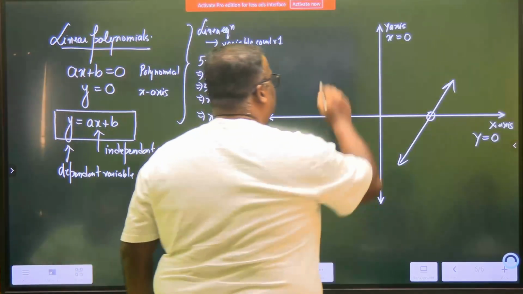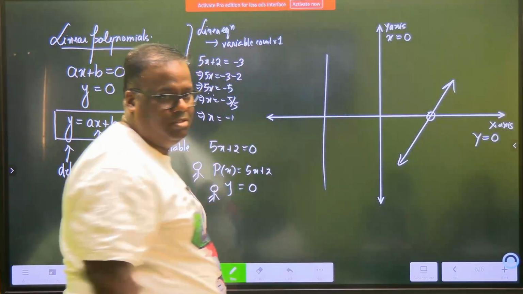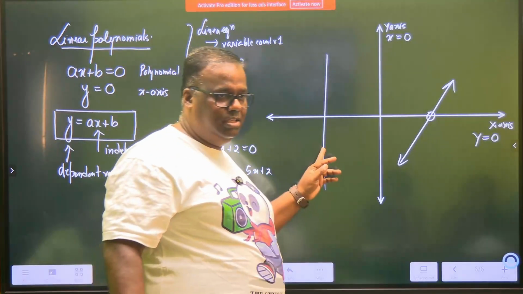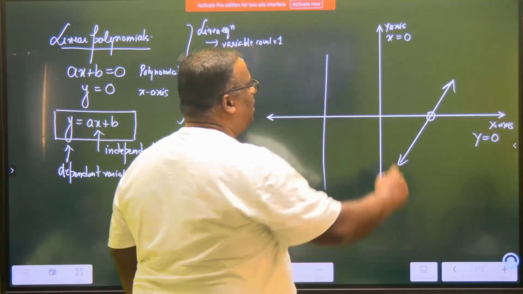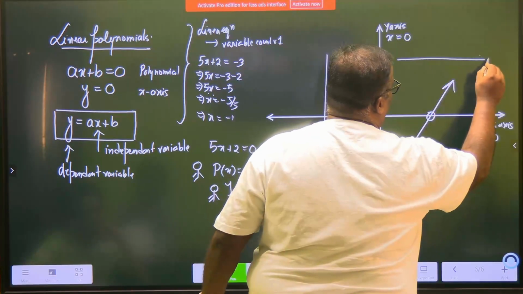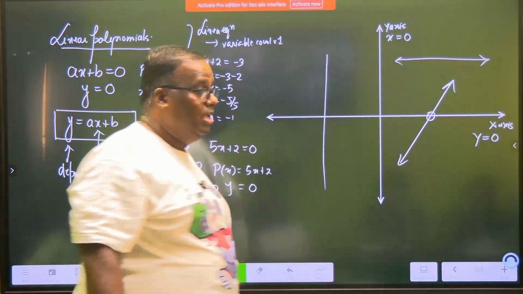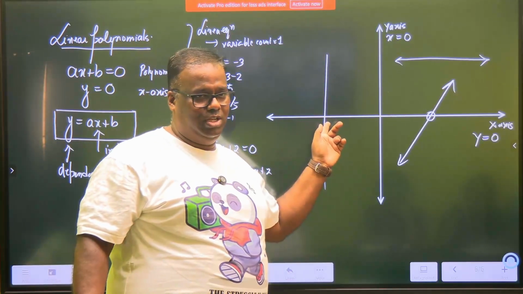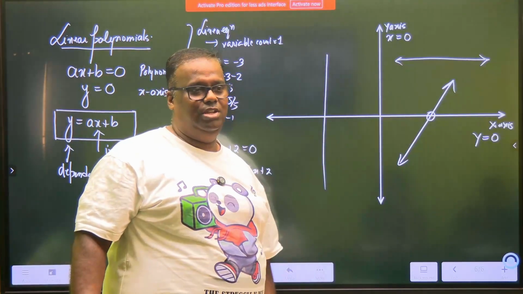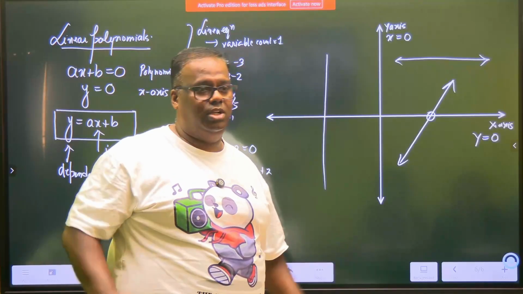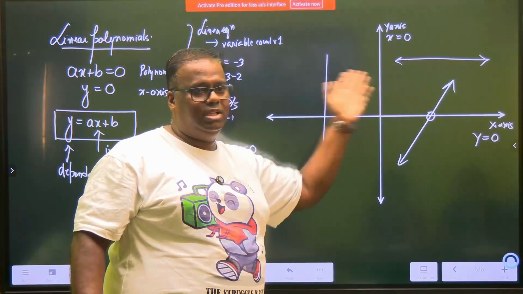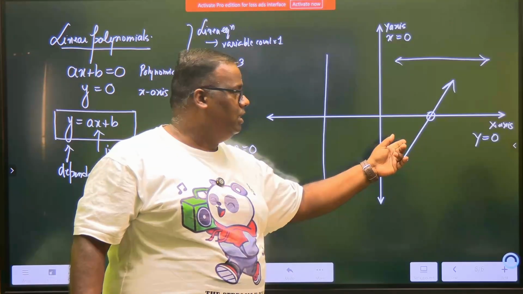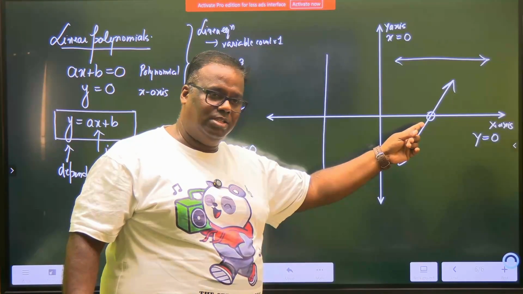Another way, my line can be like this, a standing, slanting line. Another, my line can be like this. In this case also you get one solution. In this case, what is the solution? No solution. There is no solution at all. It will never intersect the x-axis. In this case, it will intersect only once.